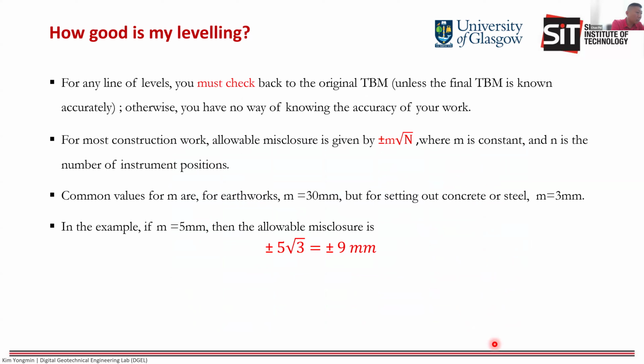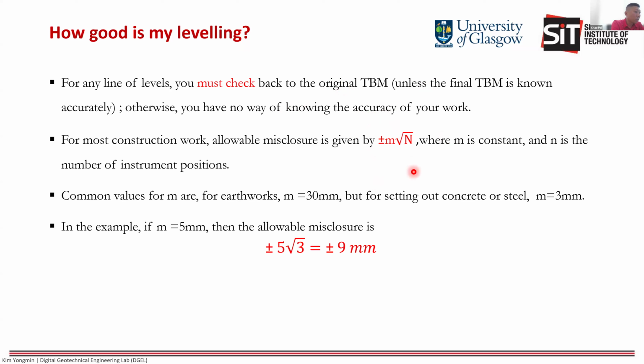After checking, nothing wrong in the calculation. Then you can tell how good is your leveling. For any line of levels, you must check back to the original TBM or another TBM to close your leveling. Otherwise, you have no way to know the accuracy of your work or if there's any error.